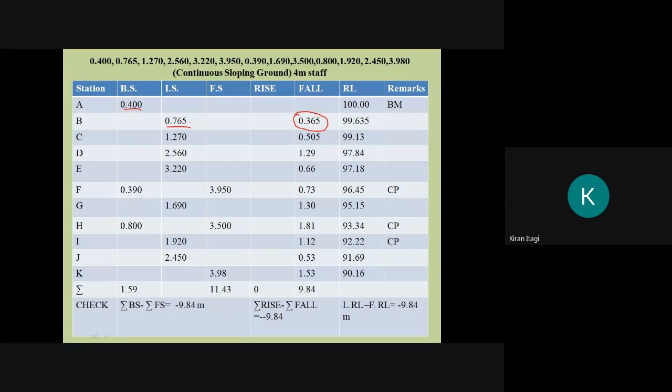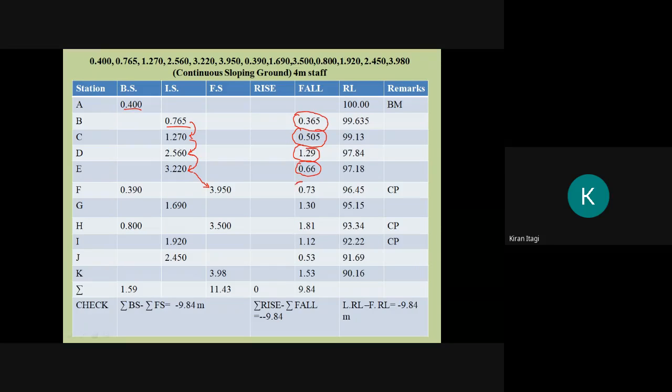Next, 0.765 minus 1.270. You have got negative, so write it in the falling column. 1.270 minus 2.560. You have got negative, so write it here. Again, 2.560 minus 3.220. We have got negative, so write it 0.660. Then 3.220 minus 3.950.